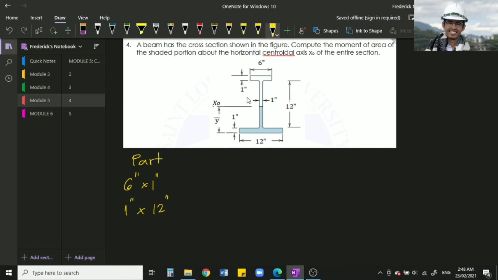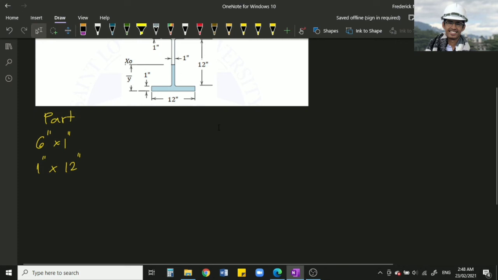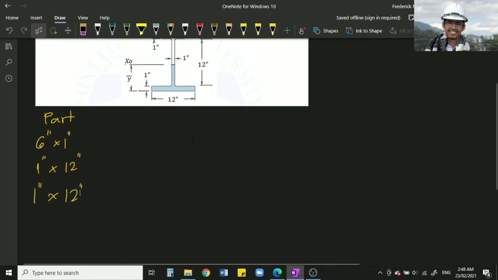The third part is 1 inch times 12 inches, the same as this.